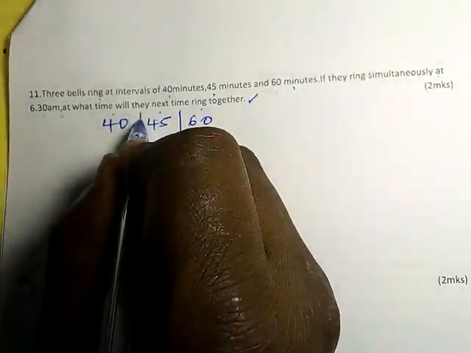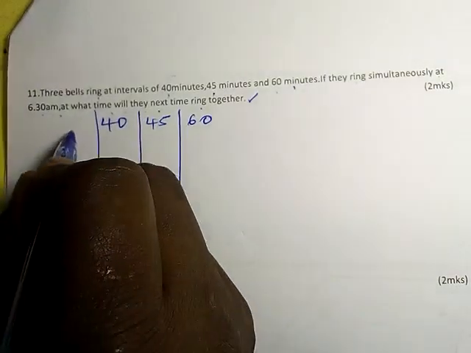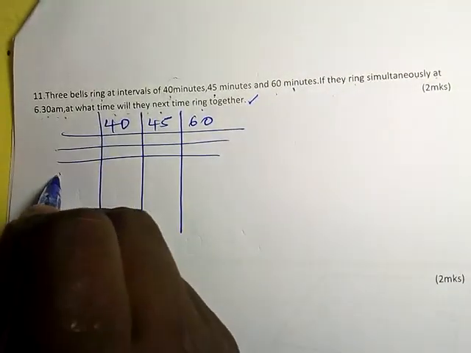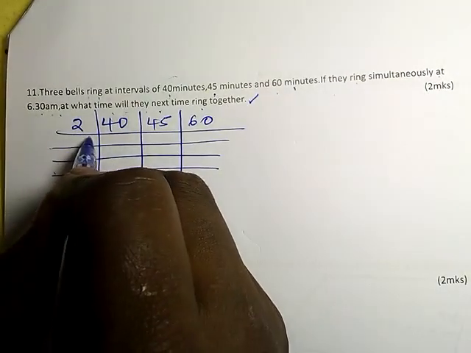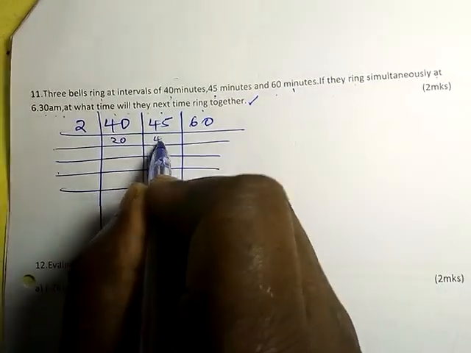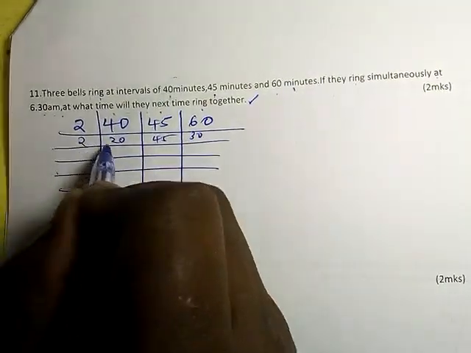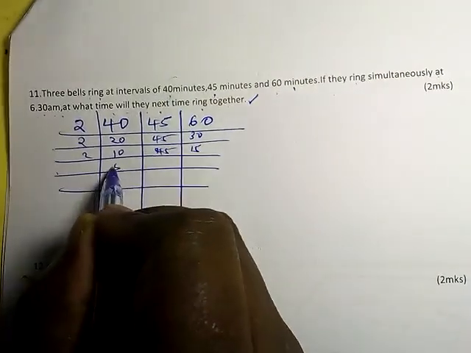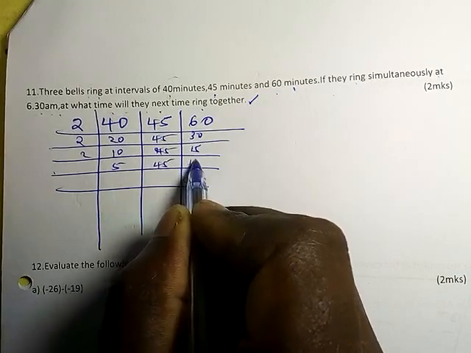You get the LCM, and it will give you the time it will take for the bells to ring at the same time. So we start with 2. Remember, it is least common multiple. So 20, 45, 30. We go to 2 again, 10, 45, 15. We go to 2 again, 5, 45, 15.